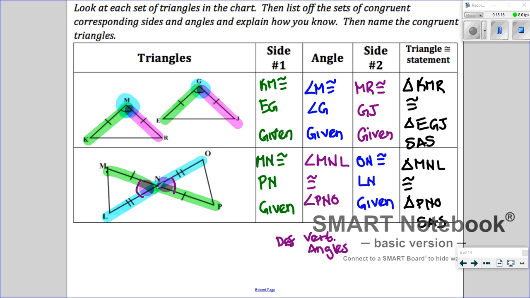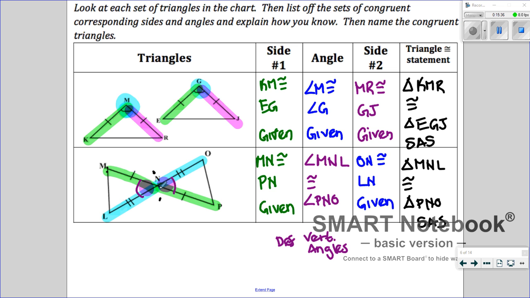And angles. Most of you might get into the habit and try to put angle N is congruent to angle N. You need to write it all out because this vertex, this point, is being shared by two triangles. If you tell me angle N, I might think you're talking about the one outside here or here. So you need to actually write it.